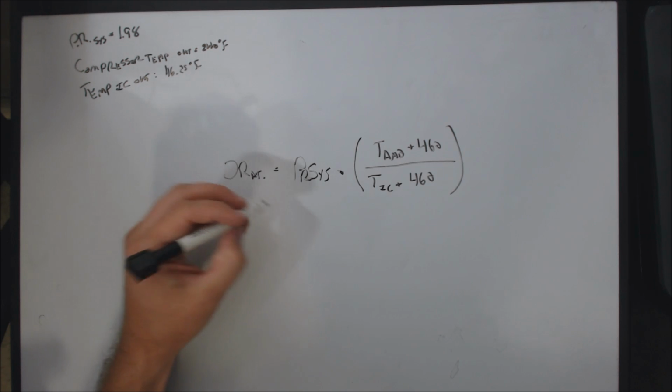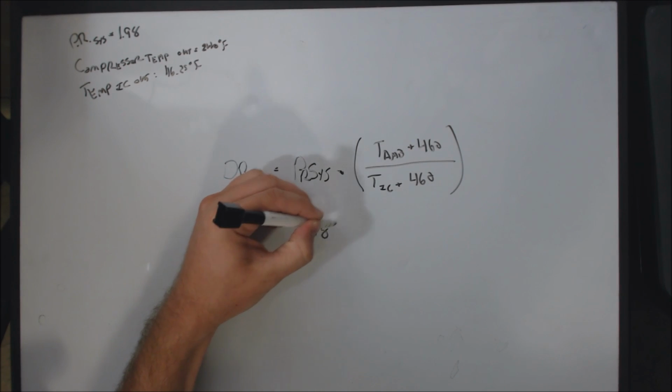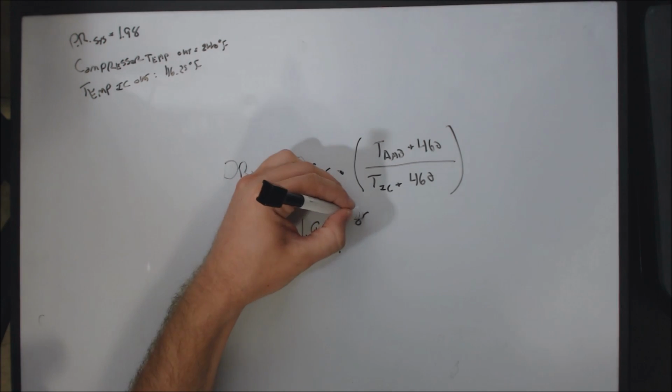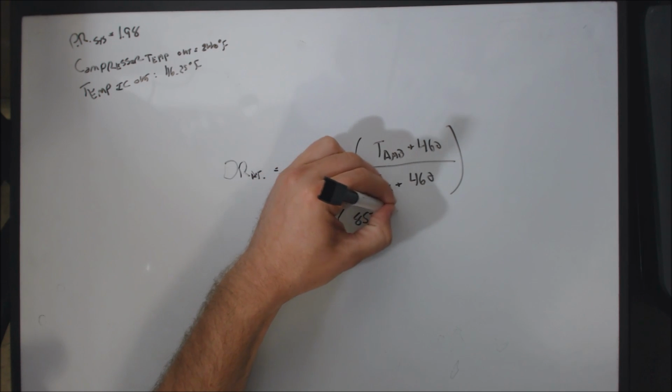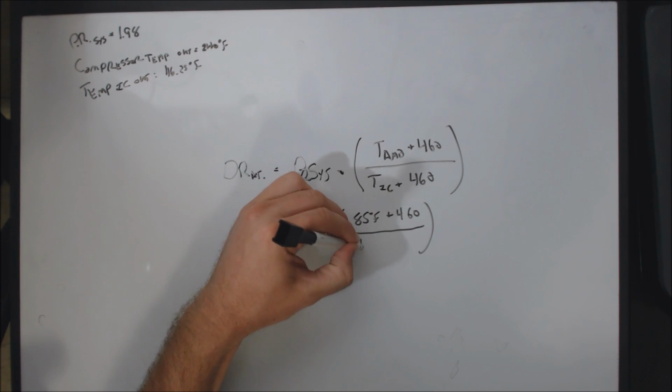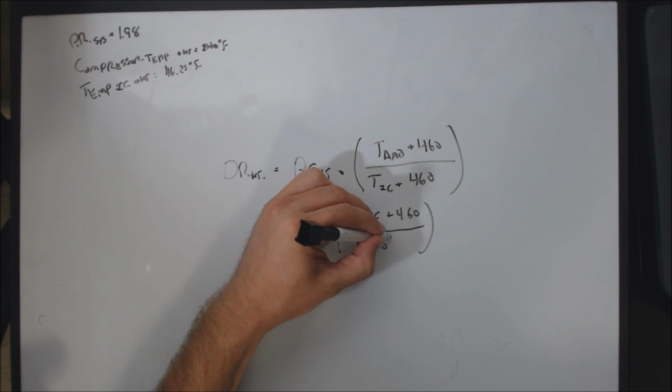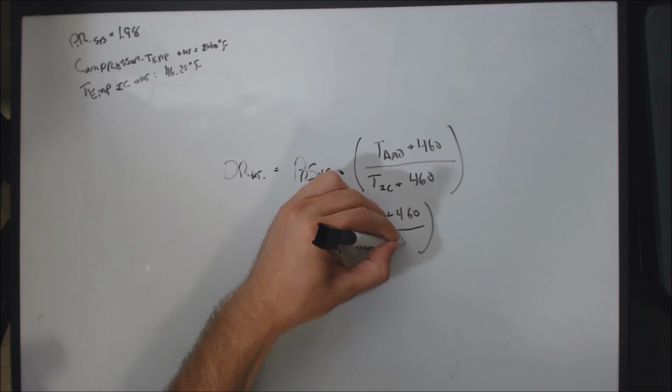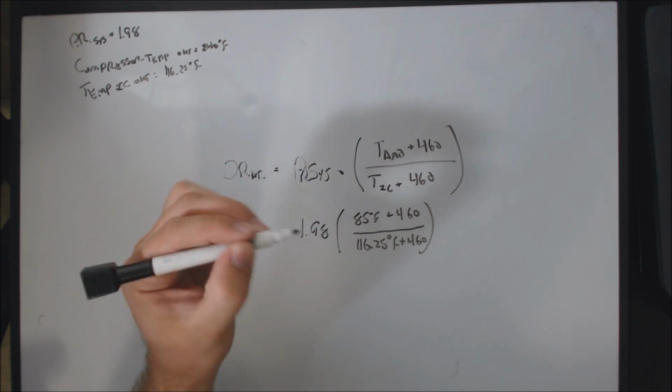I know my pressure ratio is 1.98. I'm going to multiply that by 85 degrees Fahrenheit plus 460 divided by 116.25 degrees Fahrenheit plus 460.